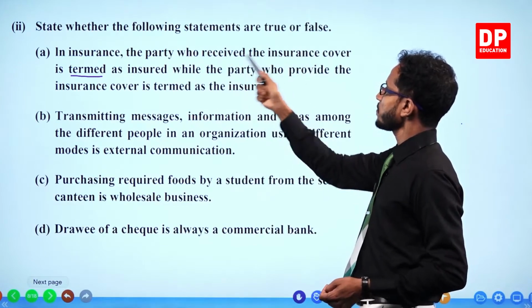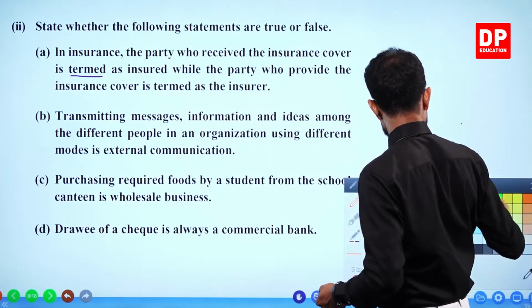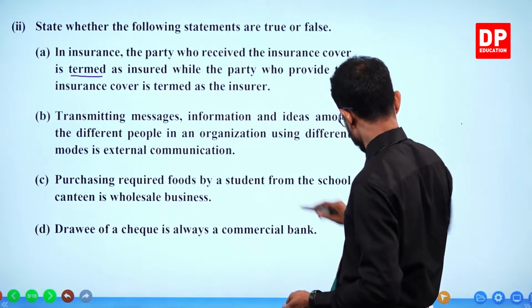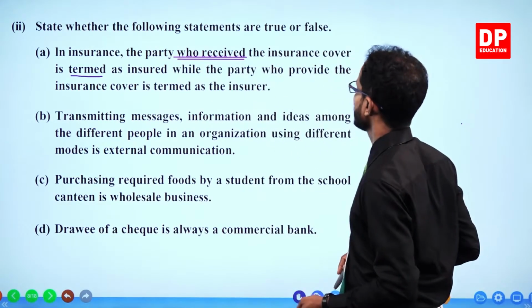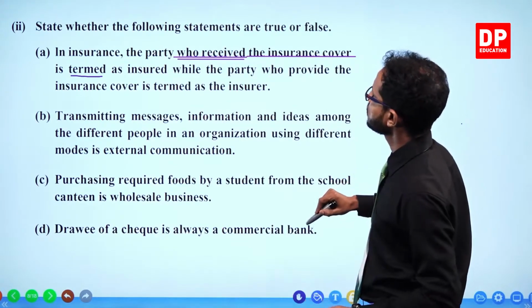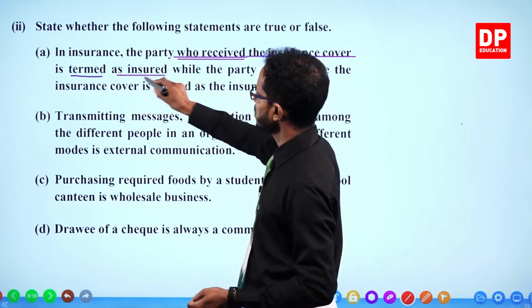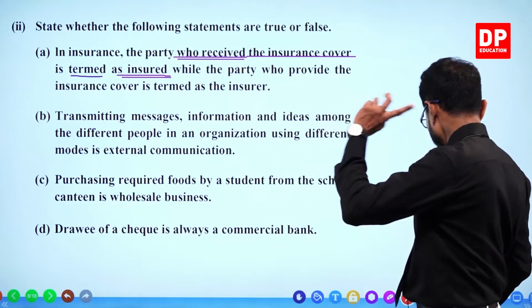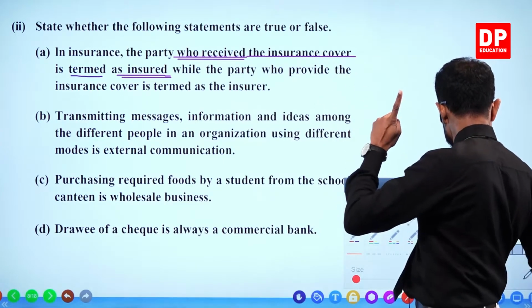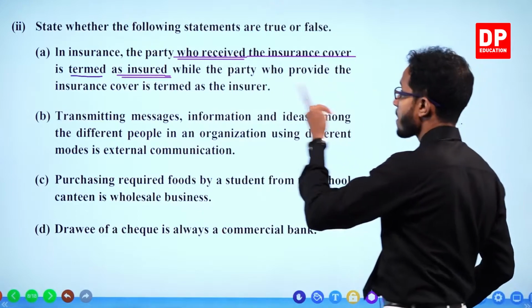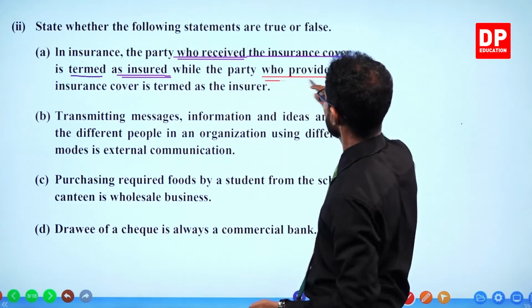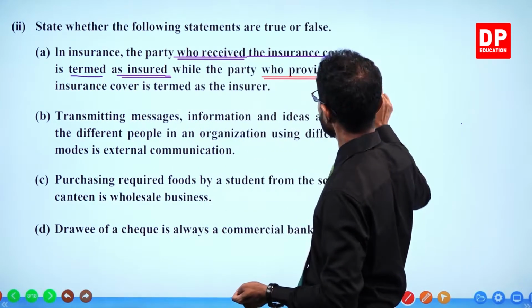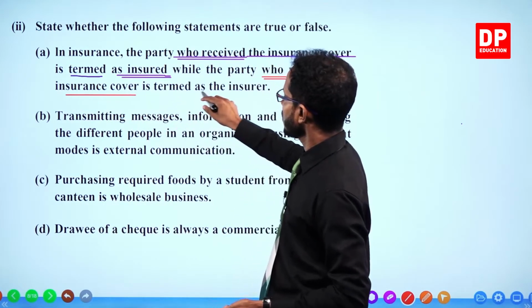Who received the cover is the insured, while the party who provided the cover is the insurer.